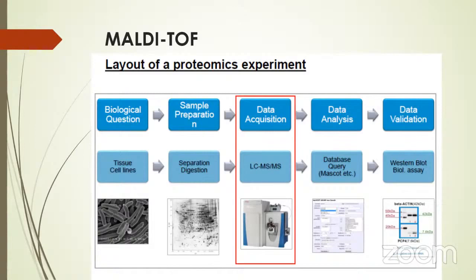So isolate the protein, separate the protein using 2D gel, then we can digest it with a protein digestive enzyme. Then we will go for LC-MS, liquid chromatography mass spectrometry, a combined method. As we discussed yesterday, liquid chromatography, and in mass spectrometry, as I said, the separation is based on mass by charge, the m/z ratio.